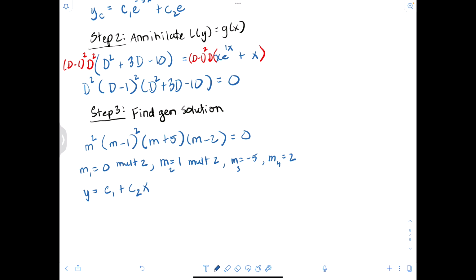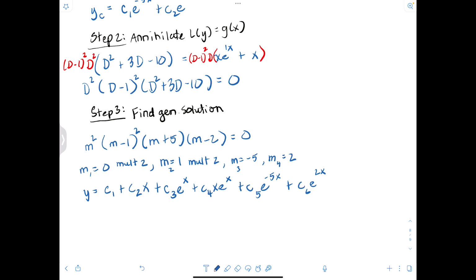And then plus c3 e to the 1x plus c4 x e to the 1x plus c5 e to the negative 5x plus c6 e to the 2x.